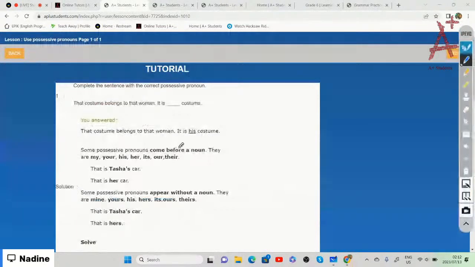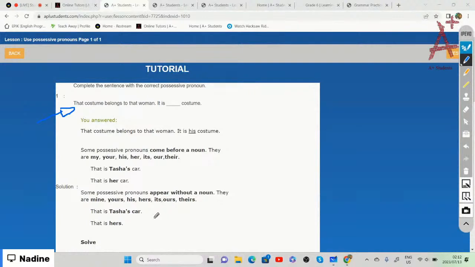All right, let's look at the sentence. We need to complete the sentence with the correct possessive pronoun. That costume belongs to that woman. It is his costume? If the costume belongs to that woman, do we say it is his costume?